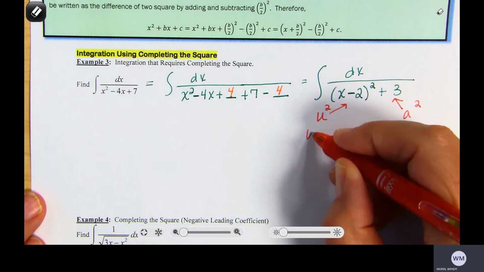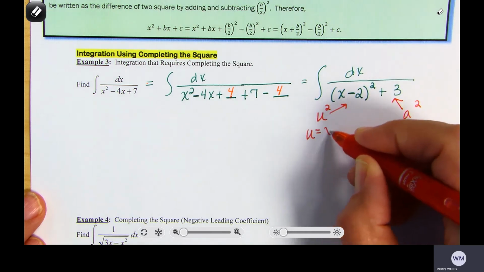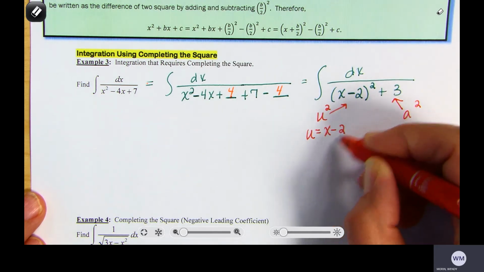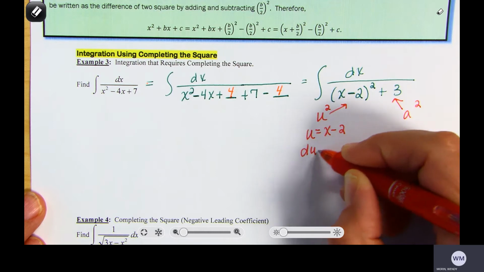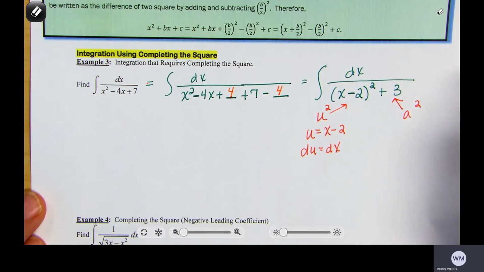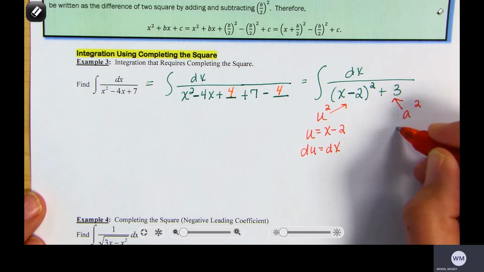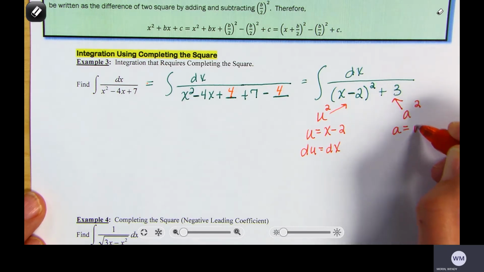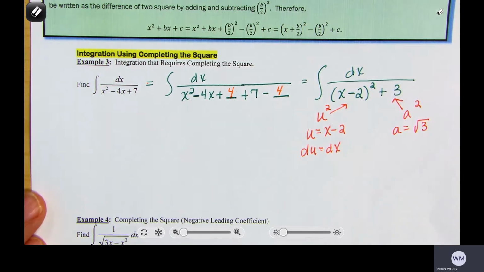So that means u is equal to x minus 2. So du equals dx. And this means that a is equal to the square root of 3.